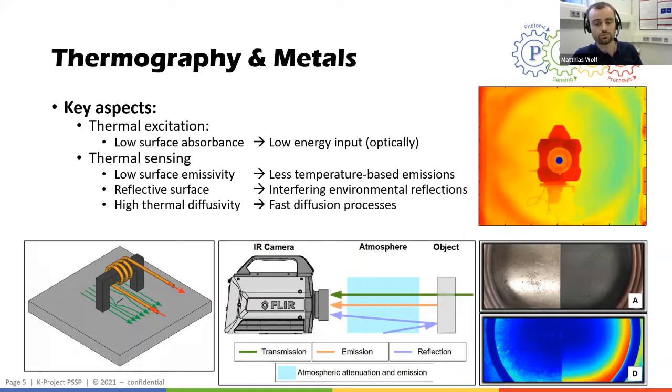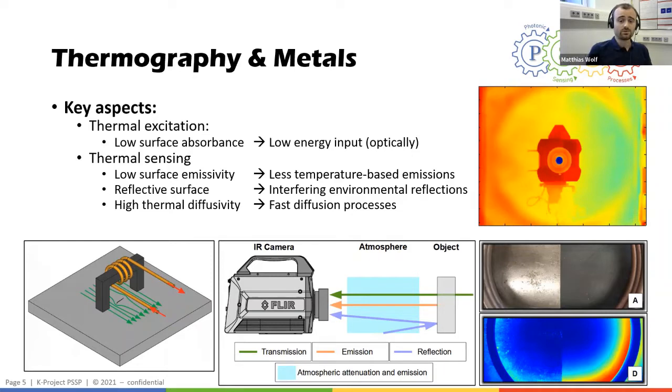If there are any material interfaces such as cracks, they interact with the eddy currents and lead to a change in the current density. Based on this principle, defects can be easily detected, and that is one of the main benefits of metallic specimens.